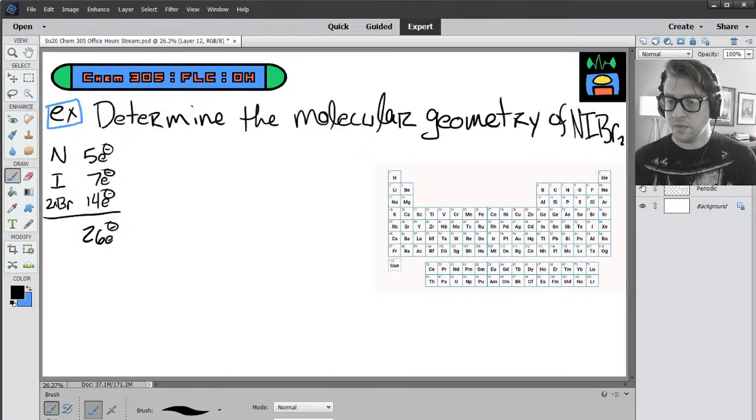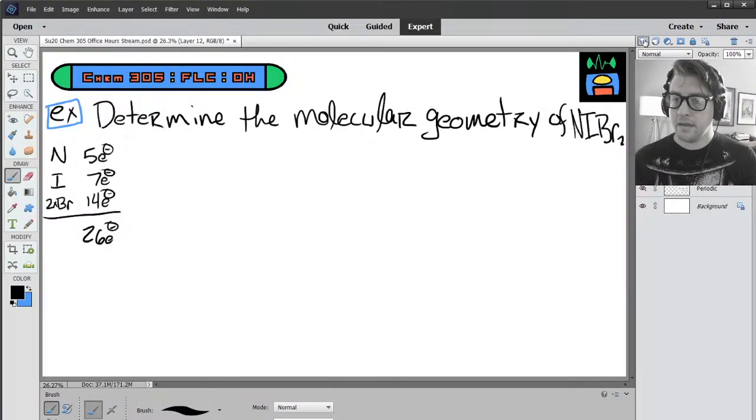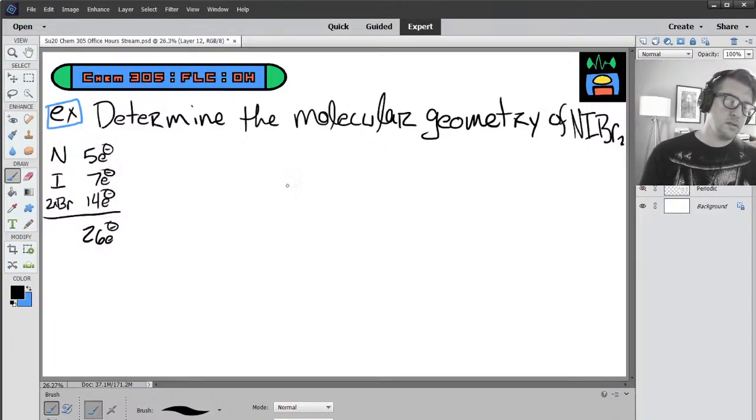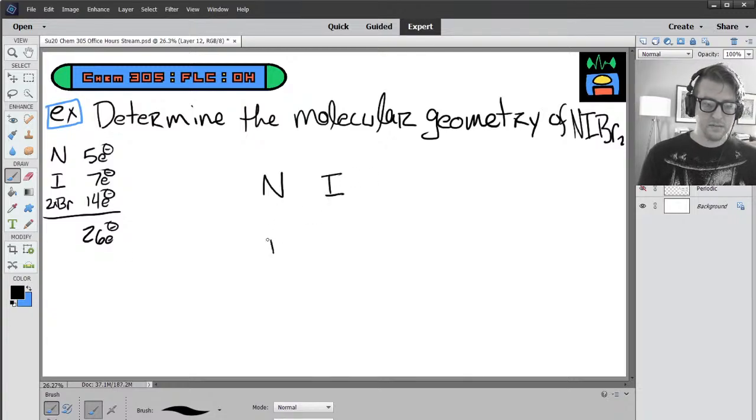Alrighty, so we're going to start by throwing our central atom in the mix and attaching our 3 others. This is going to take 2, 4, 6.